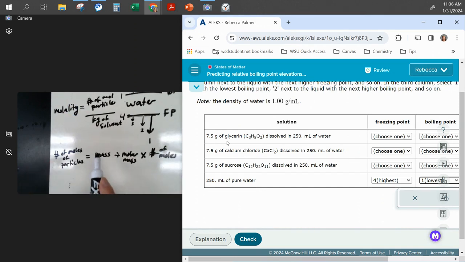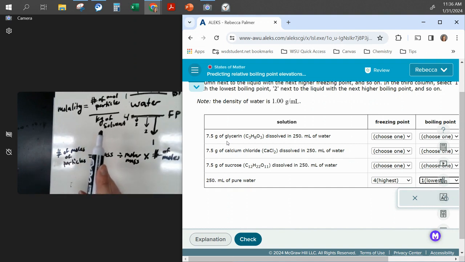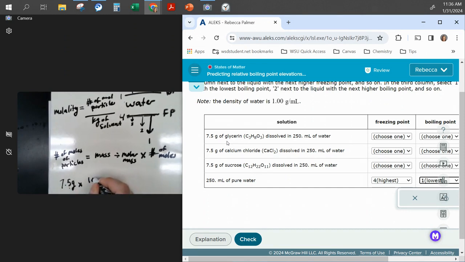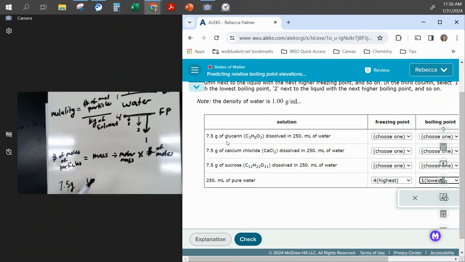The other piece of this equation is the kilograms of solvent, which is, if we have 7.5 grams, we're going to multiply by the density first. I guess we're dividing by the density, 1 gram per milliliter. That will give us our value in milliliters. What's happening? They give us a volume. Okay.